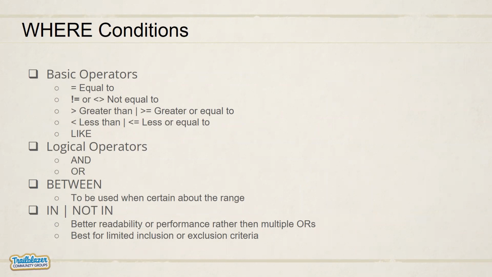A where condition can be as simple as select everything from my subscribers where my bounce rate is less than 0, or my bounce rate is greater than 0, or my opens are greater than 0.